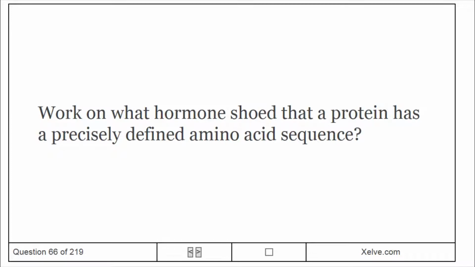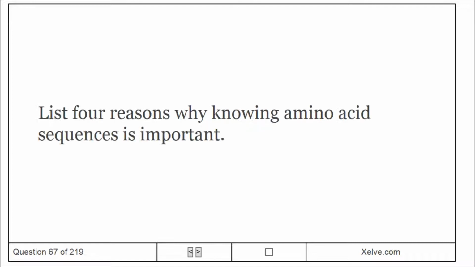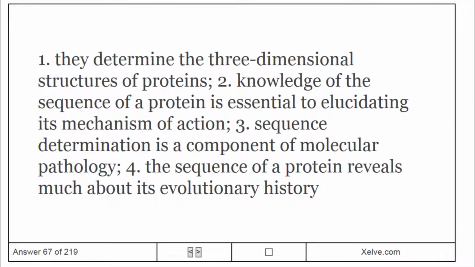Work on what hormone showed that a protein has a precisely defined amino acid sequence? Insulin. List 4 reasons why knowing amino acid sequences is important. 1.